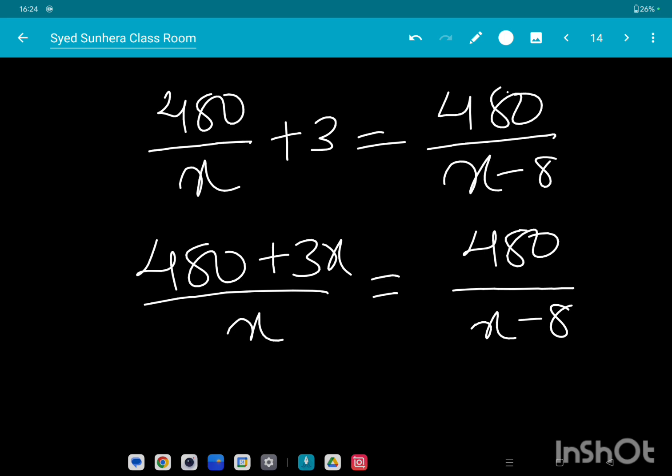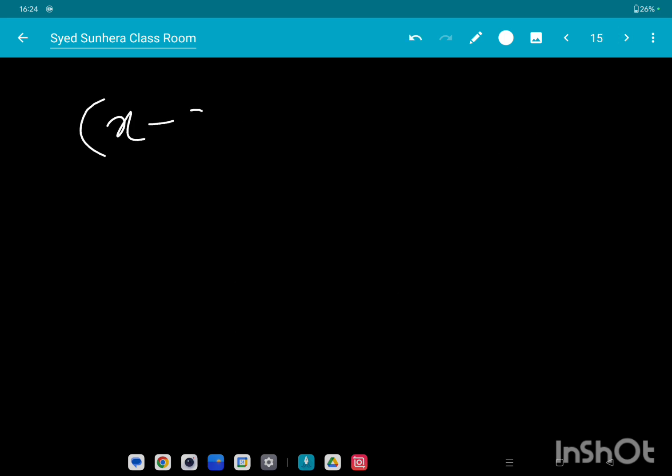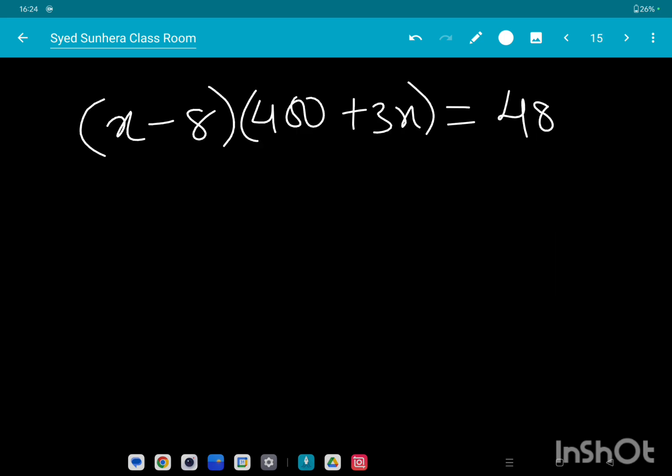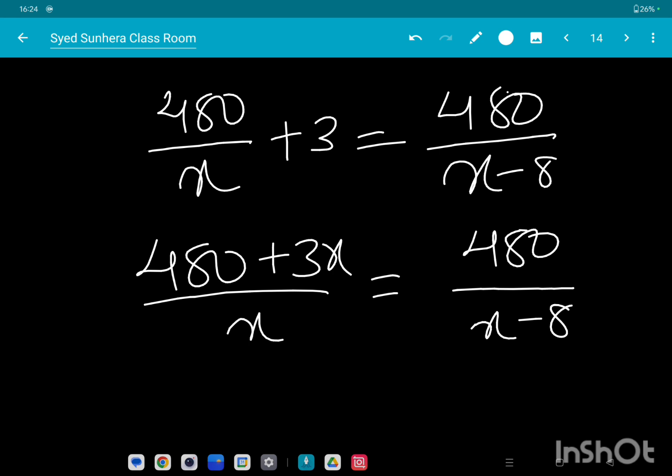Now cross multiply each other. (x minus 8) into (480 plus 3x) is equal to 480 into x, 480x. Now we will multiply each other. x minus 8.